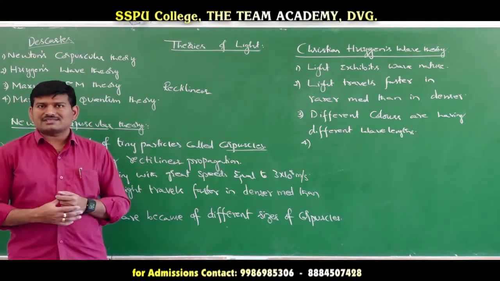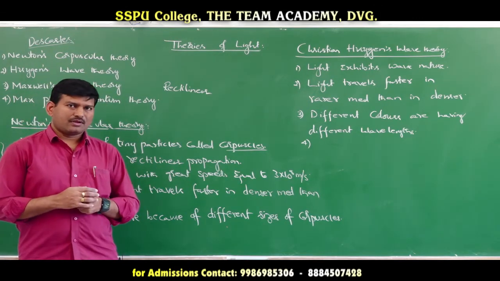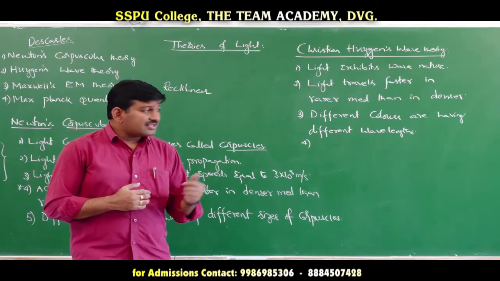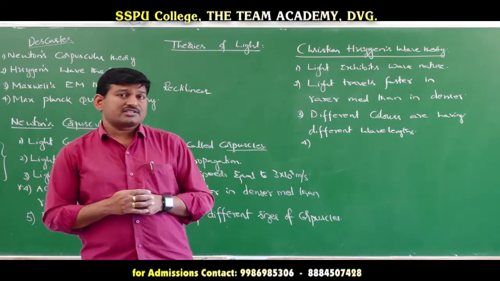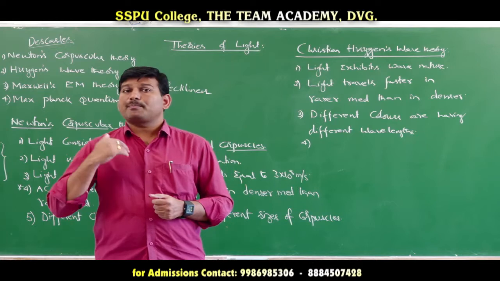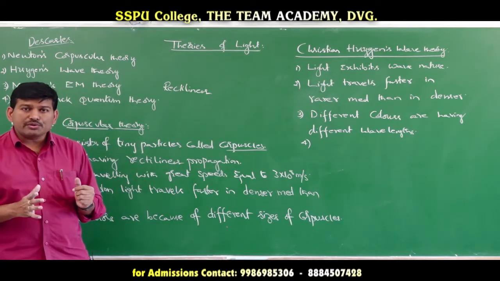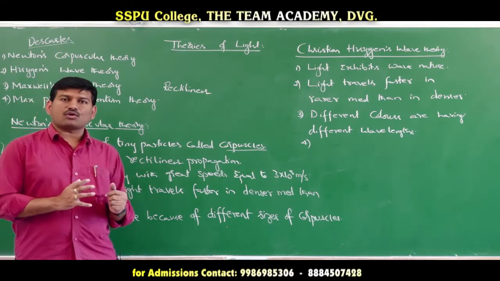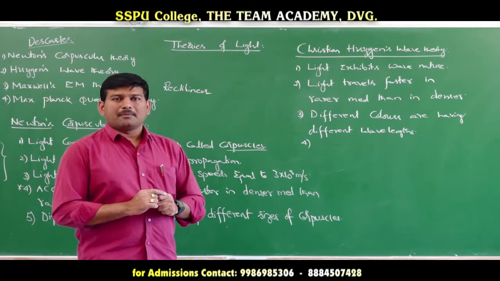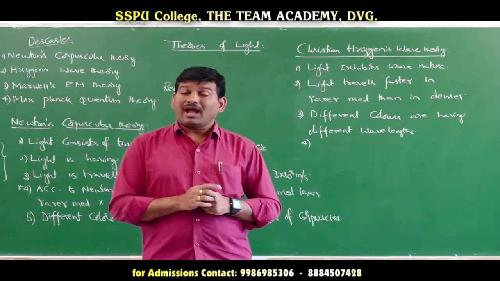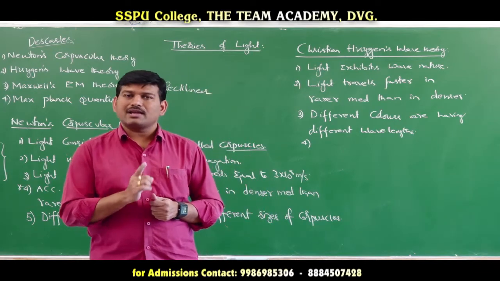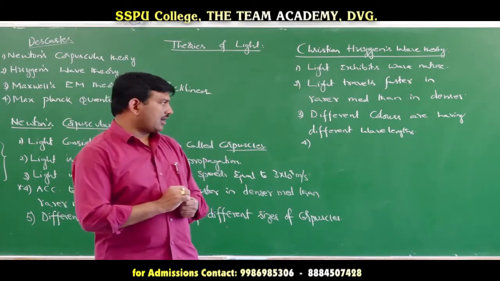So, in that aspect, Huygens made a mistake. Huygens also thought that light also requires a medium for its propagation. Therefore, he proposed a medium called ether, which is pervading the whole universe. Therefore, Huygens thought that light is a mechanical wave, and he also said that light is a longitudinal mechanical wave.